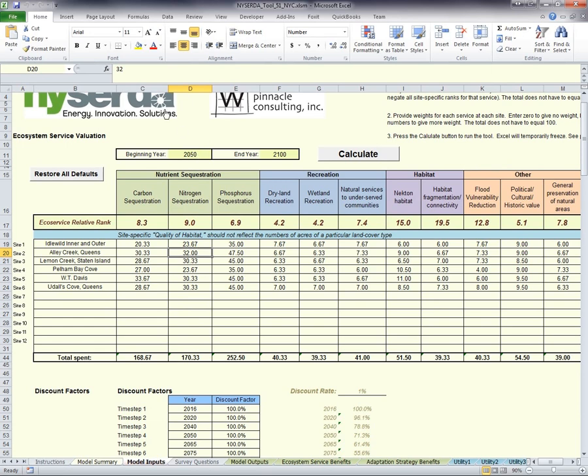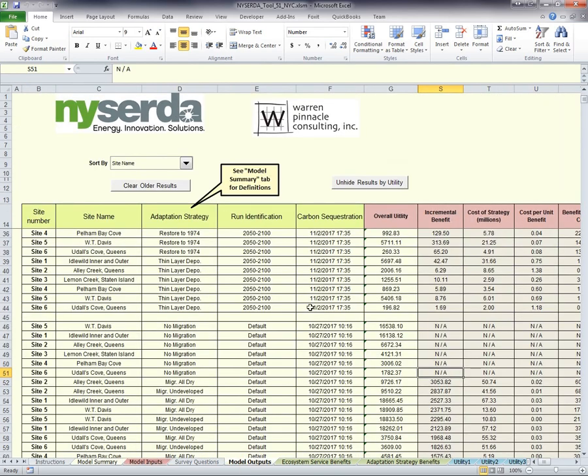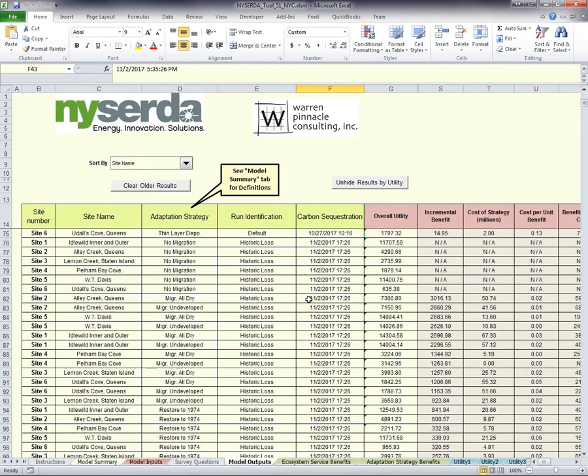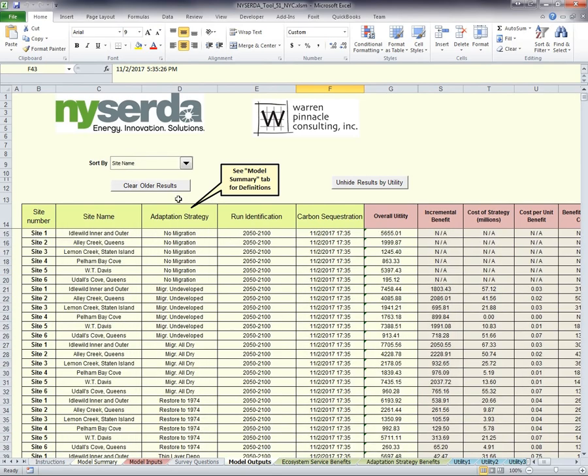The question is, what strategy will provide the greatest incremental benefit, and which one gives the greatest benefit per cost? So to start, I'm going to look at the model outputs tab, and you can see we have a lot of older runs in there as well. So I'm going to clear the older results by clicking on this button, and then I'm going to sort by the incremental benefit.